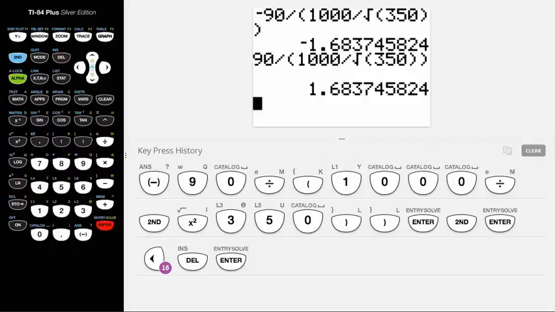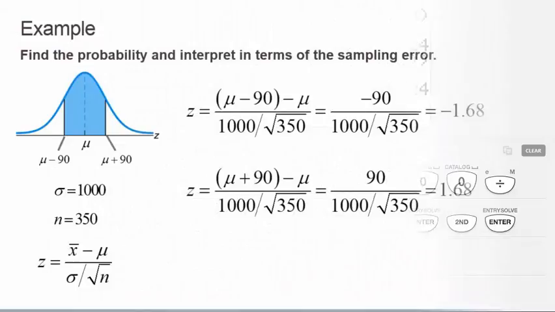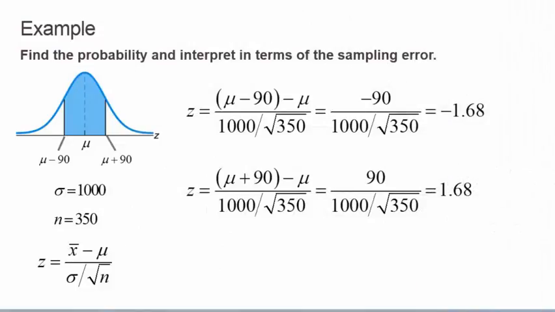Use my delete, enter, and I do get a positive z-score of 1.68. Again, the shortcut to find my positive z-score is to just change the sign of the first z-score, since my normal distribution is symmetric about the mean.